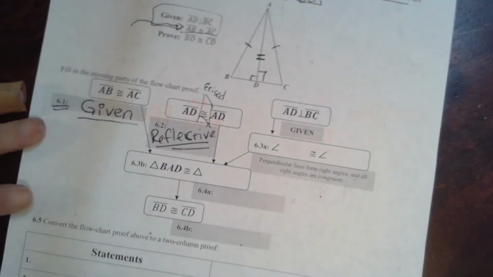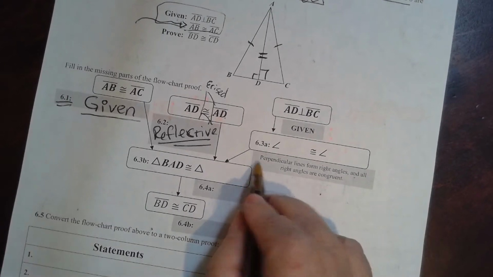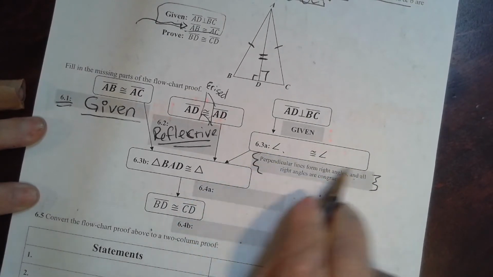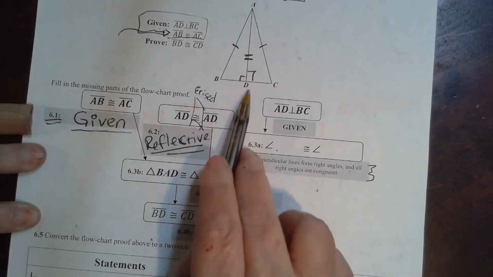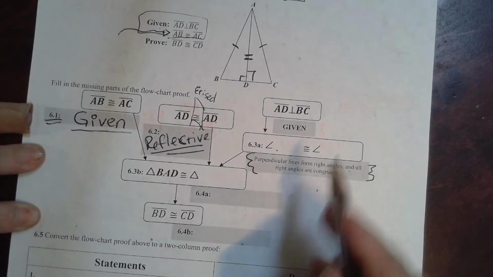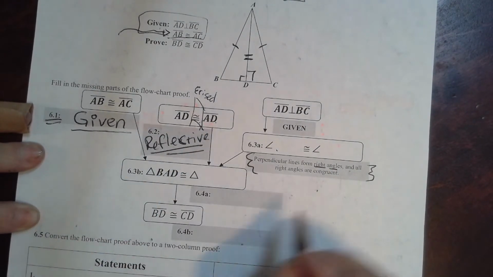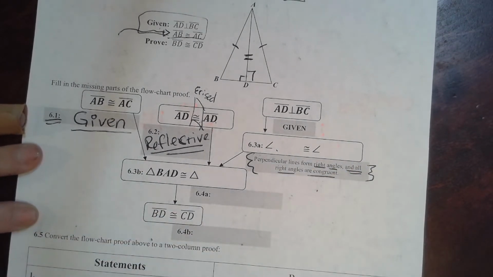So I'm going to put right angle symbols here. And now they give us a reason, and we have to figure out what they're asking us to do here. It says perpendicular lines form right angles. Yes, we marked them as right angles, and all right angles are congruent.